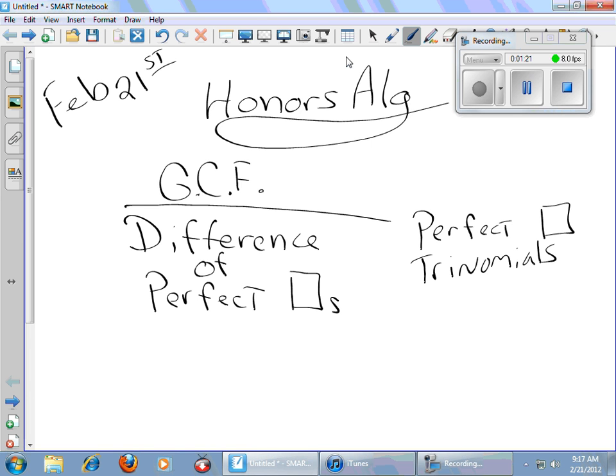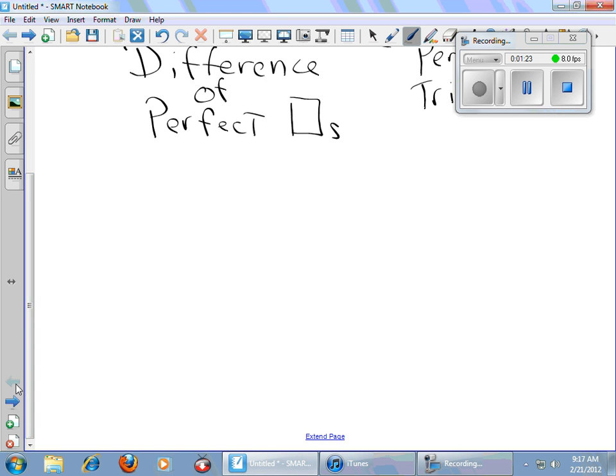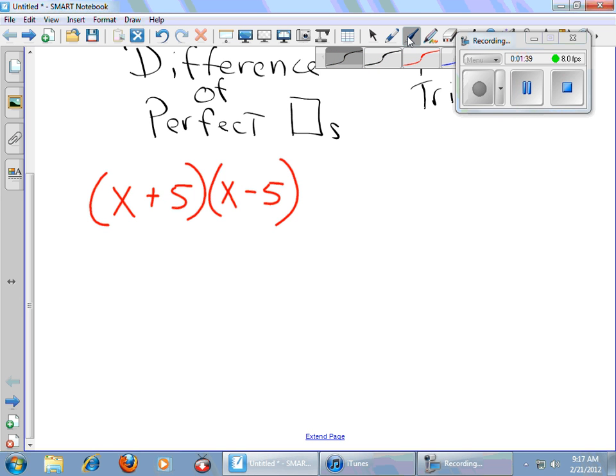Some of you might remember that last week, before I went, we had problems that looked like this, or we might have had x plus 5 times a quantity of x minus 5. Go ahead and FOIL that for me. Hopefully you're getting really quick at it. I'm going to get x squared minus 25, right? Because the outers and inners are going to cancel out.